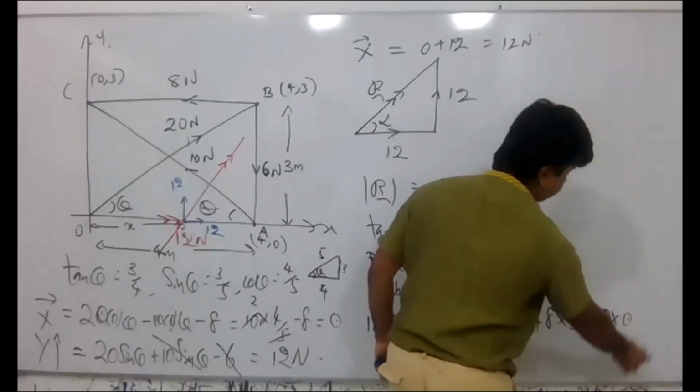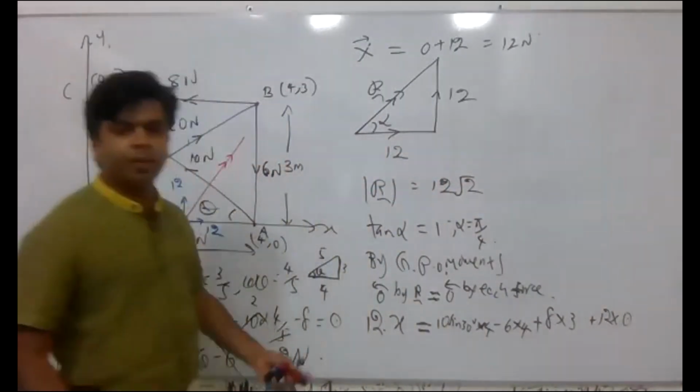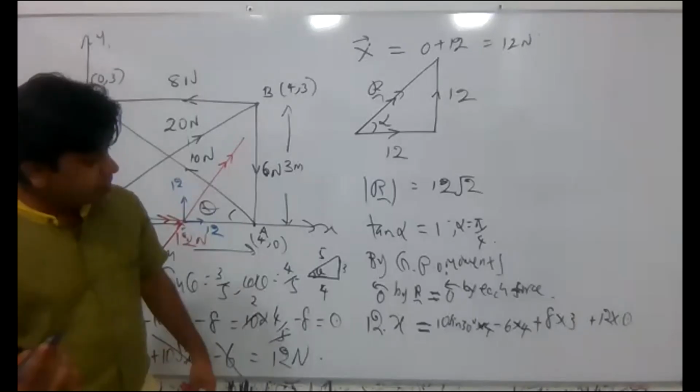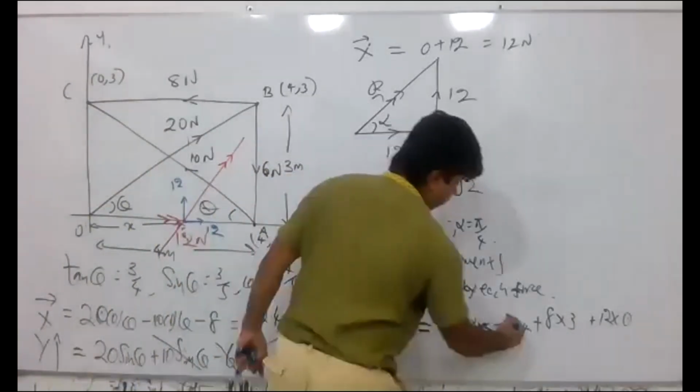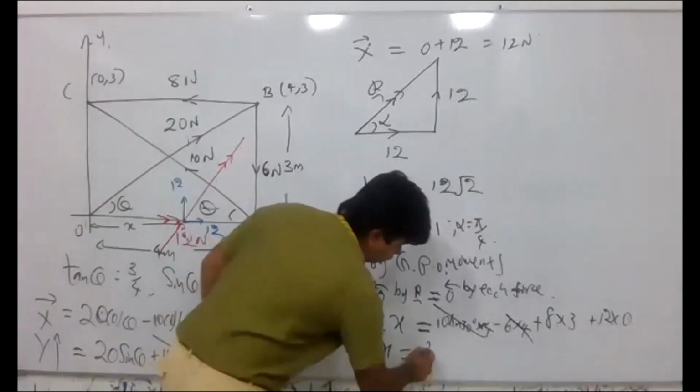No need to write this part, I just showed no moment by 12. That means you can see that these cancel and x comes as 2 meters.